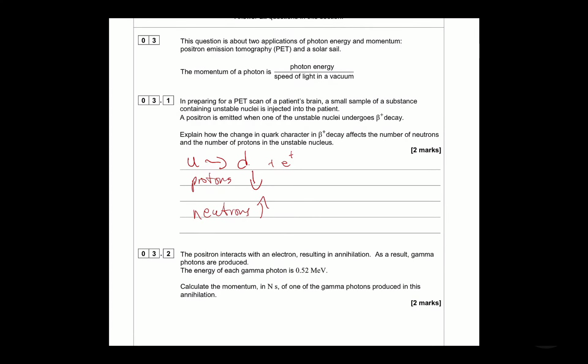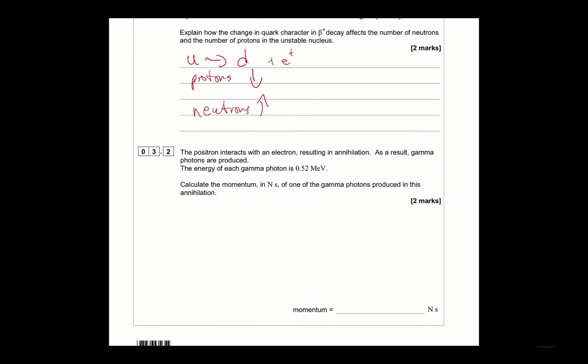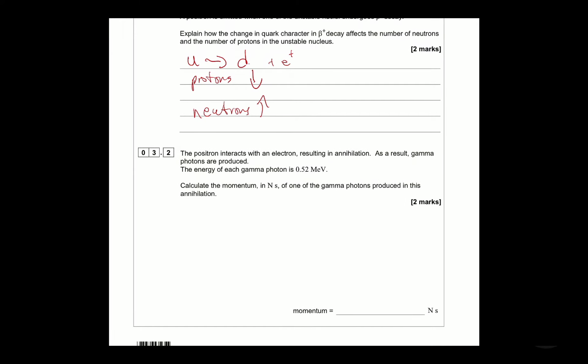So we need to have this in joules in order for it to work. So we've got 0.52 times 10 to the 6 times 1.6 times 10 to the minus 19. Okay, that's our energy in joules, and then divide by 3.00 times 10 to the 8, the speed of light.